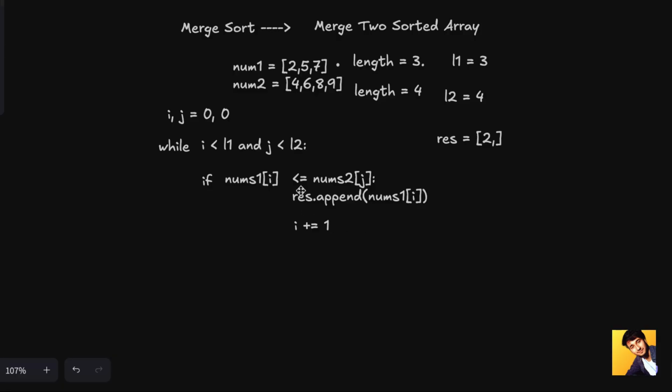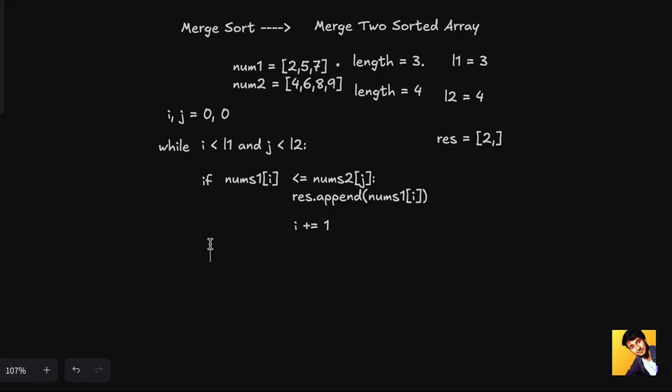One thing you should see here is that I am using less than or equal to. If there are equal elements, we can put any one of them; let's say we are putting the nums1 element in that case.